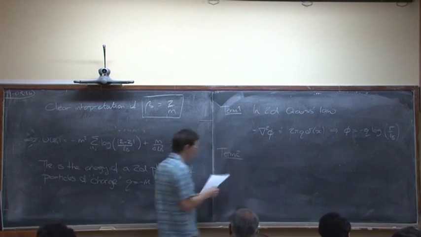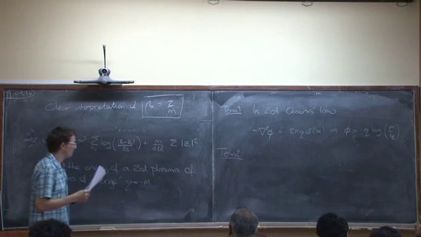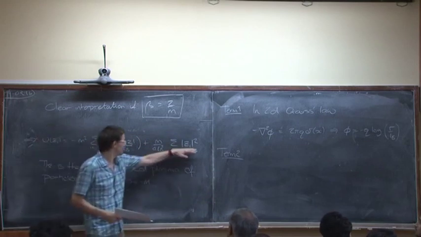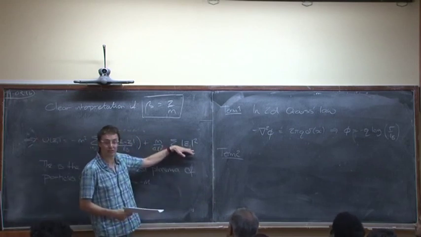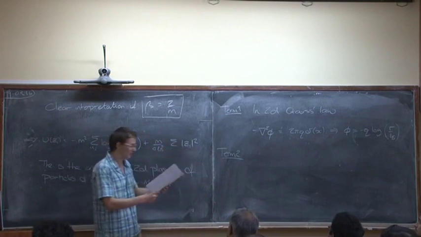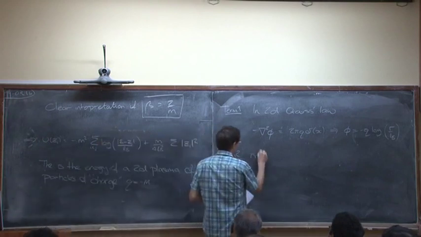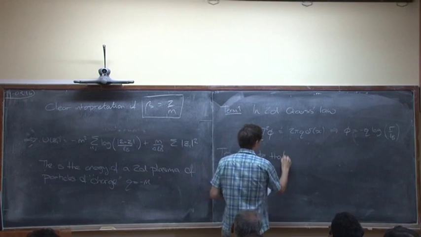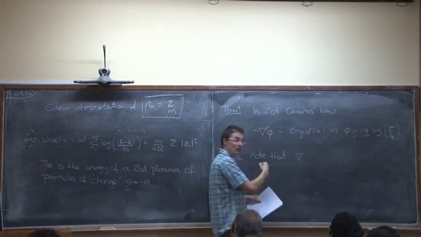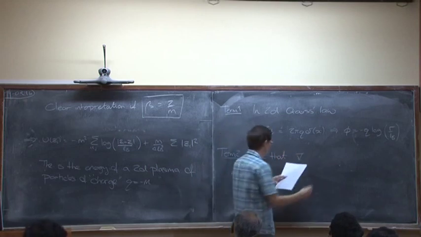Okay, term 2. Term 2 is slightly more subtle, but the way to think about it is the following. Suppose that this was the potential energy coming from some electrostatic object. If it was, then you could put it back into Gauss's law and ask what kind of charge distribution would give rise to it.